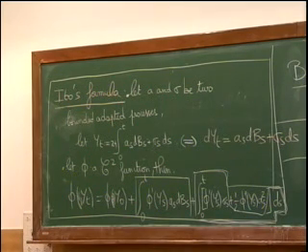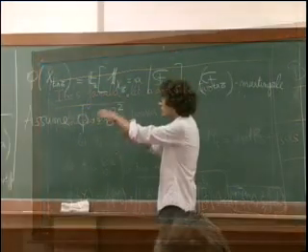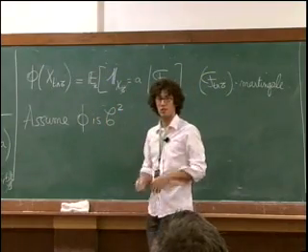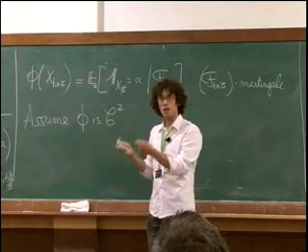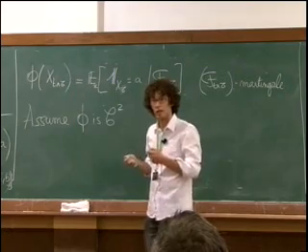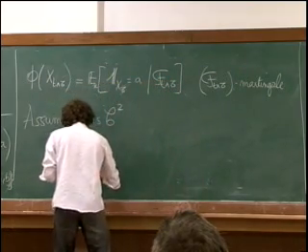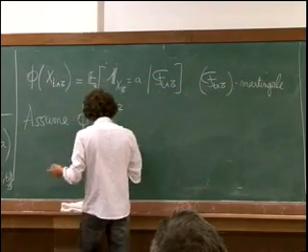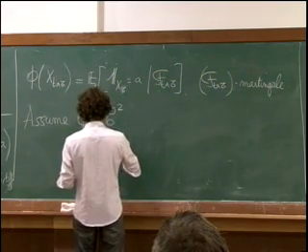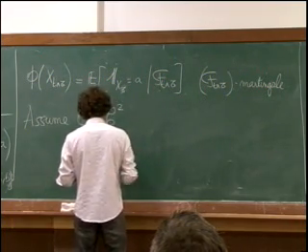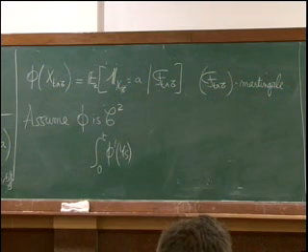So if phi is C2, because I have all these martingales in the Ito formula, the last term must be a martingale. So what is sigma s in our case?